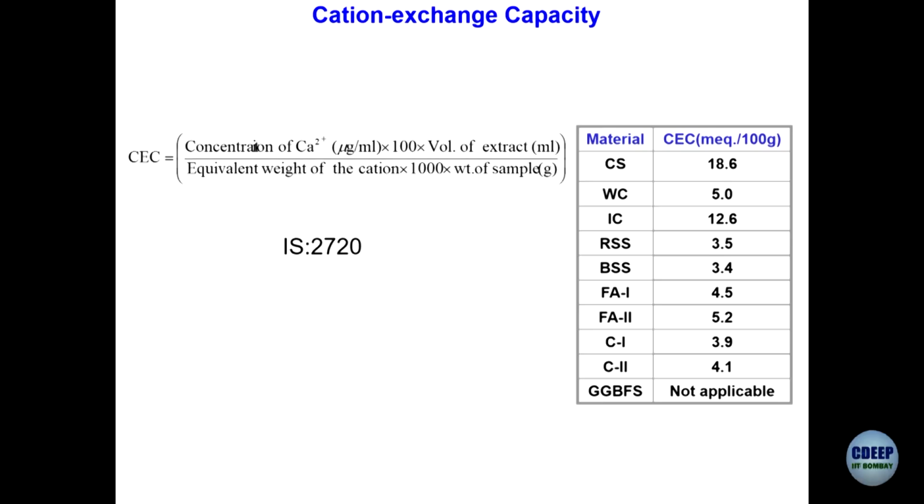When you obtain the cation exchange capacity of different geomaterials, you will realize that pure quartz shows very small cation exchange capacity as compared to chalk. Chalk is nothing but high calcium oxide, correct? Very high cation exchange capacity. So, this is one of the ways to characterize the material and to find out its chemical potential.